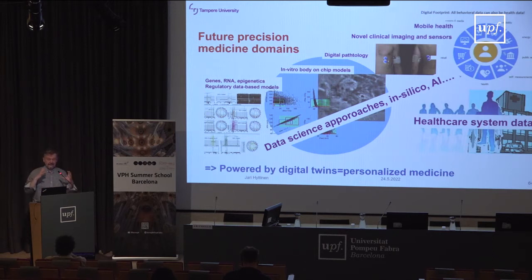But the in vitro body on chip and computational models, I think those are going to be part of this whole business. How much they will be in basic research, that is going to be now. I'm quite sure there'll be a big role in drug studies and understanding of diseases. How much those are really part of the clinical pipeline, I doubt, but maybe in certain cases, yes.